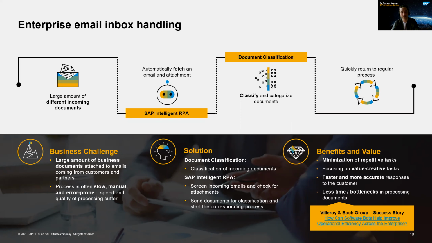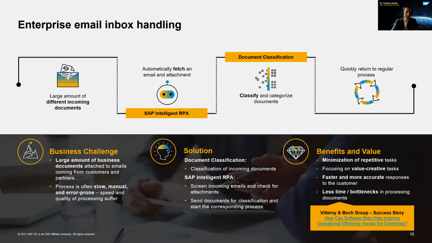So the optimized process flow is, first, large amounts of different documents arrive into the enterprise email inbox. Next, the intelligent bot screens incoming emails for attachments. Then it automatically sends them to the AI Business Service for classification.